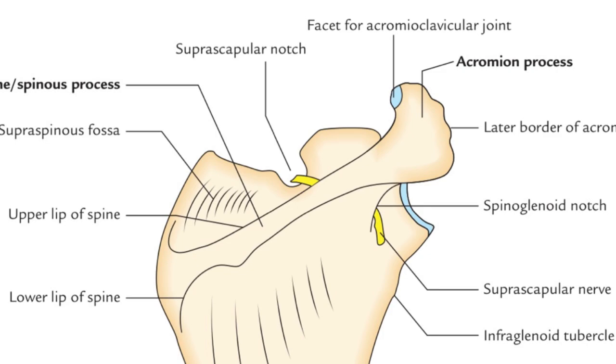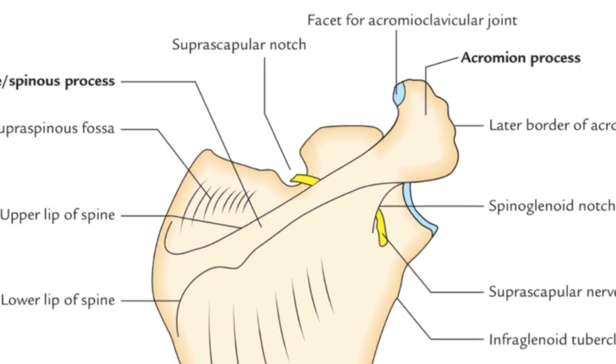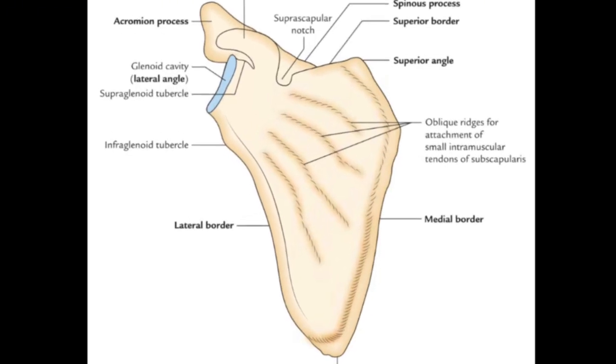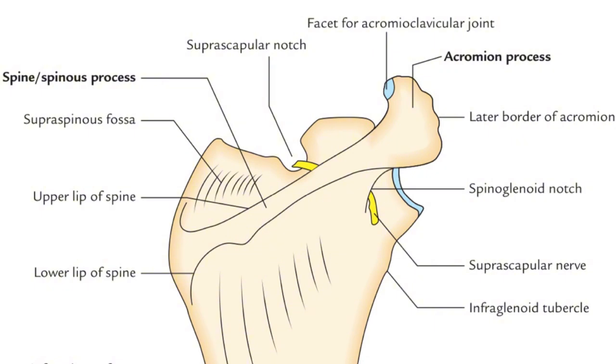Now this is for the upper border. The next one we're talking about is the angles. We have the superior angle, the inferior angle, and the lateral angle. But you can also see an angle called the acromion angle, because the acromion is formed as a continuation of the spinous process.